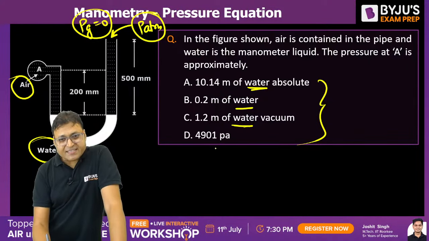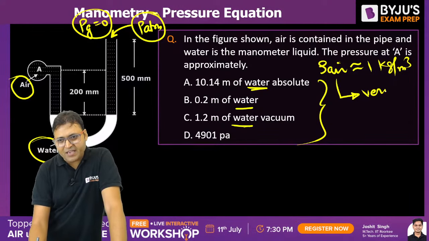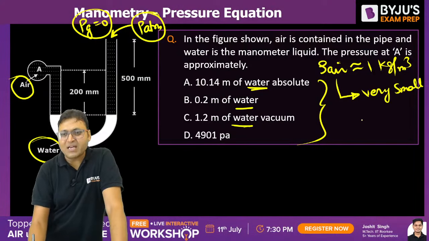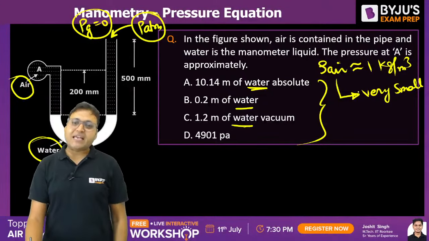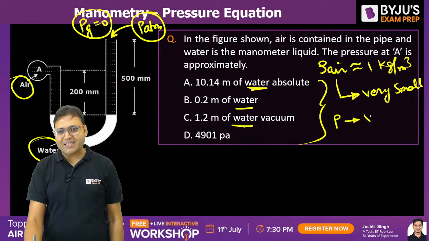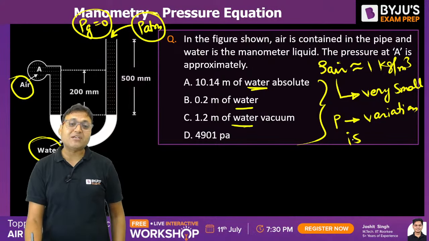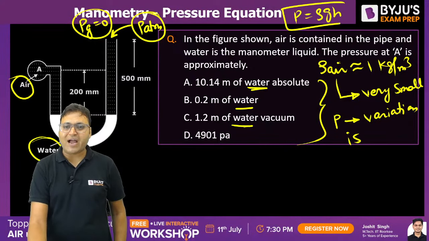Do you understand that the density of air is around 1 kg per meter cube? The density of air is very small compared to the liquid. That is why the variation of pressure in case of air is very small, negligible. Pressure variation depends on the density. P is given by rho g h according to the hydrostatic law.